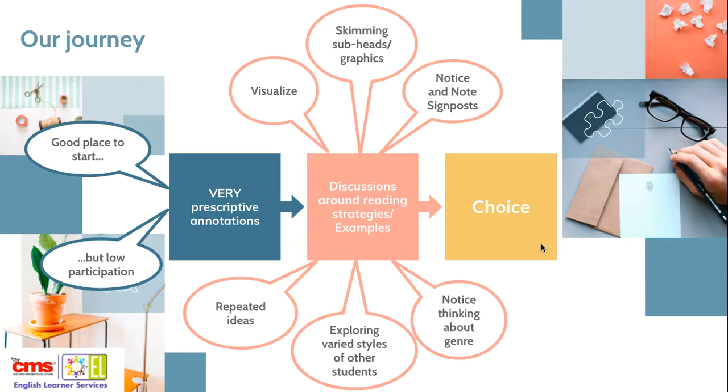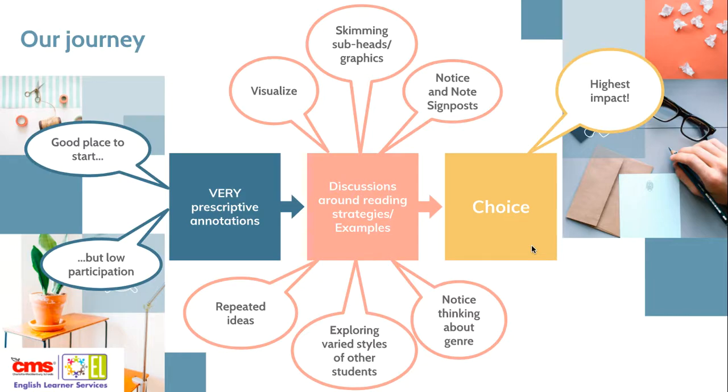Now, I know this comes as a surprise to absolutely no one who has worked with teenagers, but as it turns out, they don't like being told what and how to do it. So that choice piece, giving them the ability to choose how they were going to annotate the test, was the most powerful piece. And that had the highest impact.